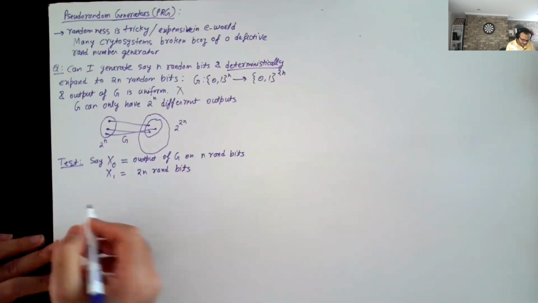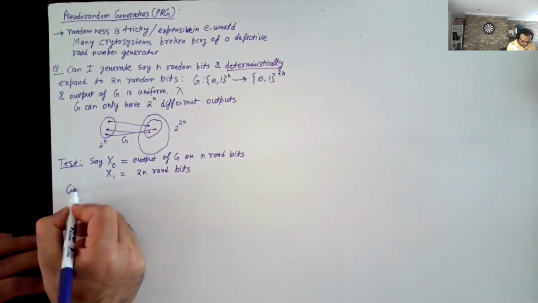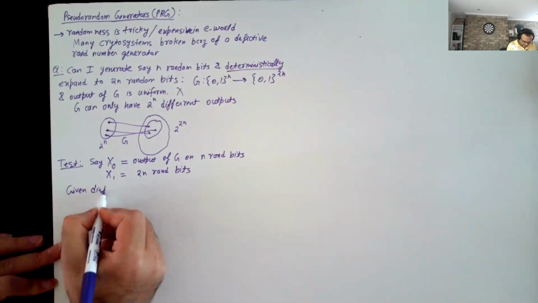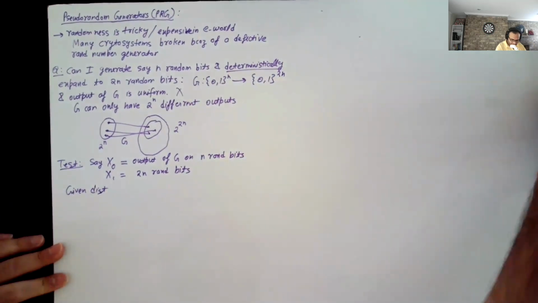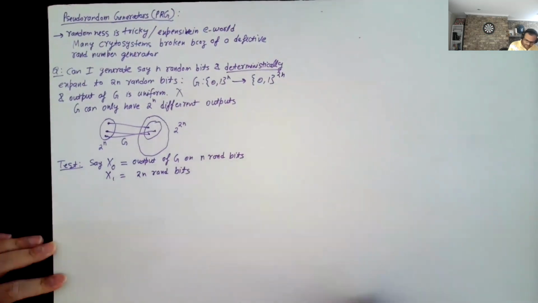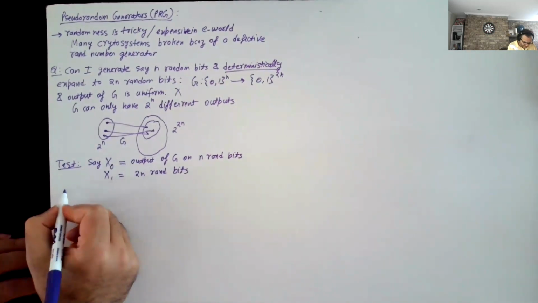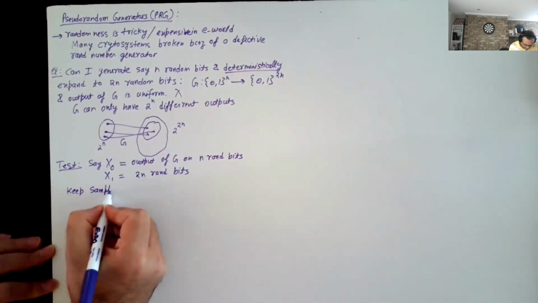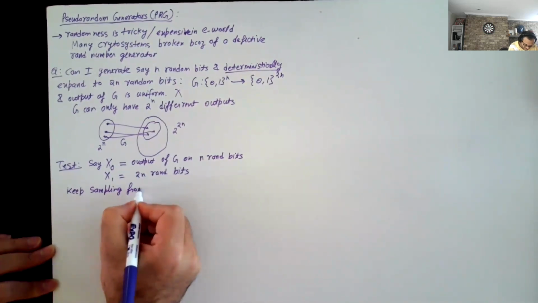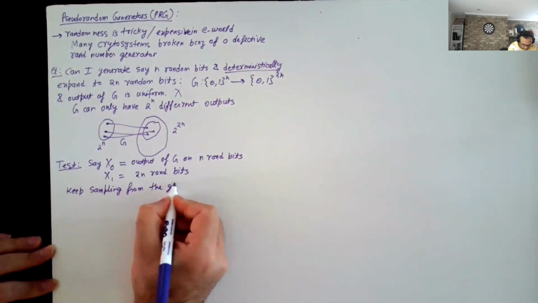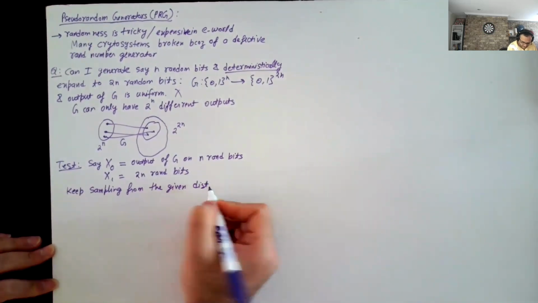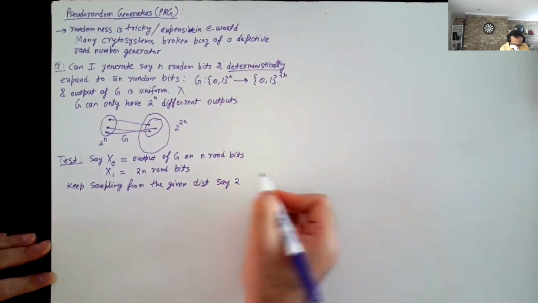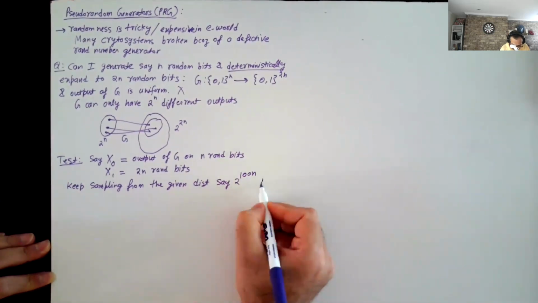And my test is just, given a distribution, keep sampling from the given distribution a very large number of times, let's say 2 to the power 100n times.